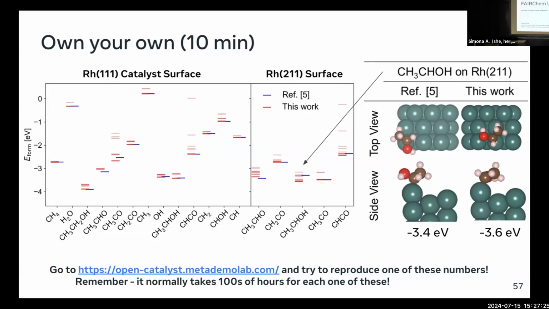He had a tight binding model, which is a reduced, cheaper computational model that he could basically let this thing bounce around and then try and collect some of those minima, and then he would run those. And I would say that is good on him for not just trying to choose a few by hand. He was actually trying to come up with a method to sample more configurations. But either he didn't run that thing long enough, or the tight binding didn't agree that that was a local minimum. And so he never ran the right calculation here.